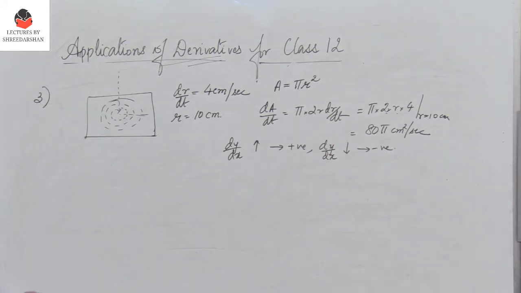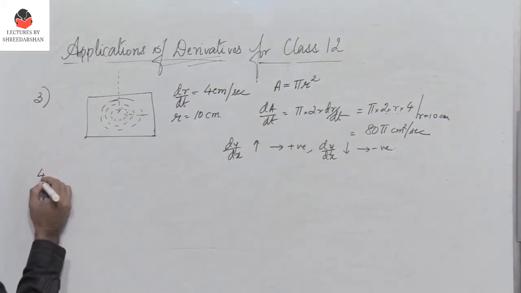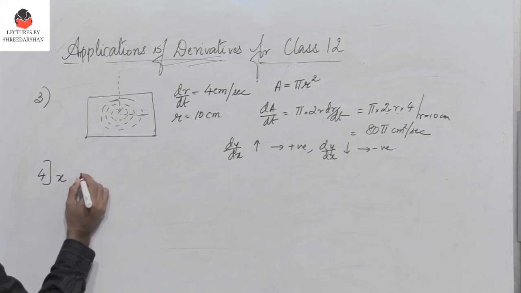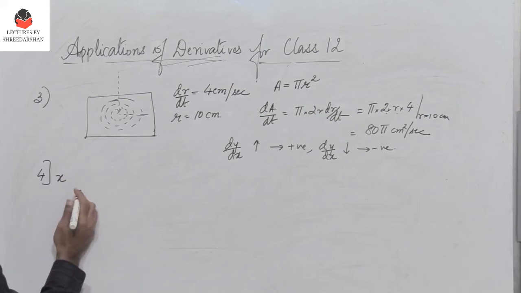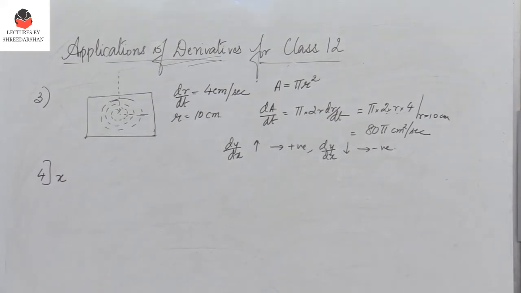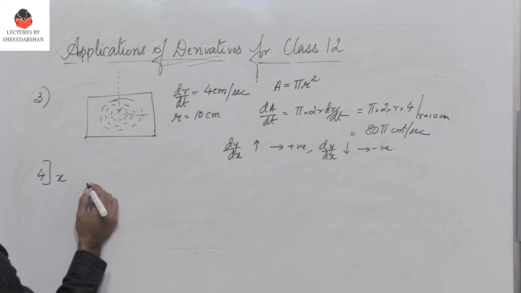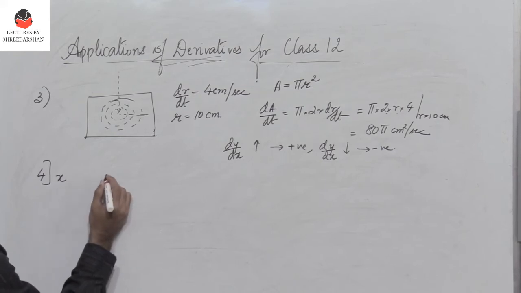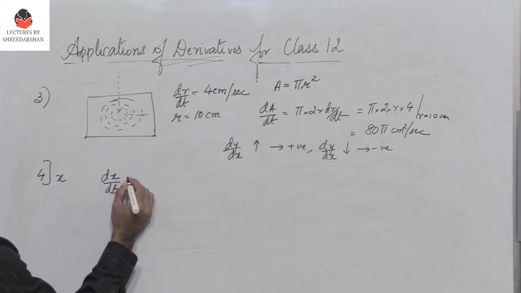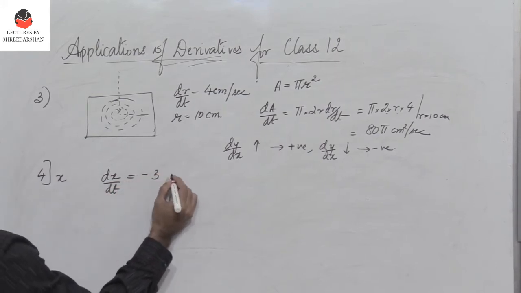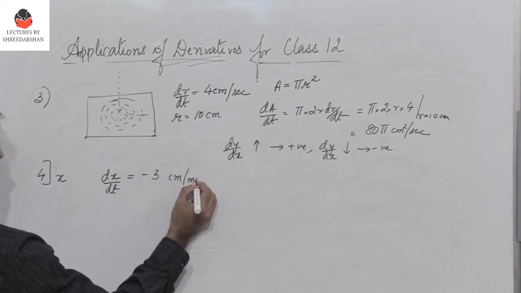It's been given that the length x of, say, a rectangle is decreasing at the rate of 3 centimeter per minute. So I have dx by dt, which is equal to minus 3 centimeter per minute.